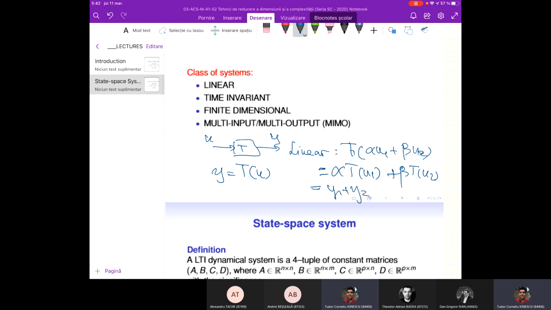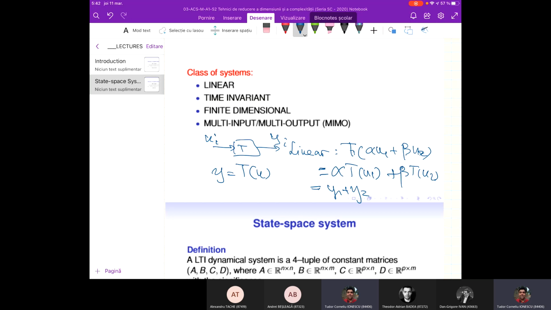So this is what linear means. This is a linear operator, and the way we define these systems in the dynamical context, they still observe this property.